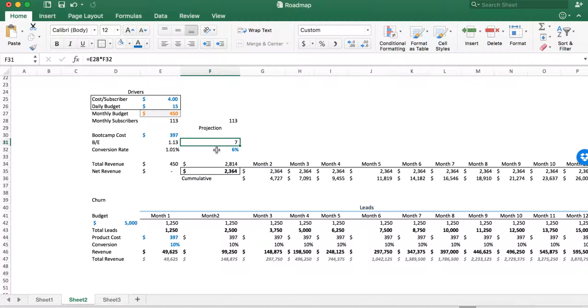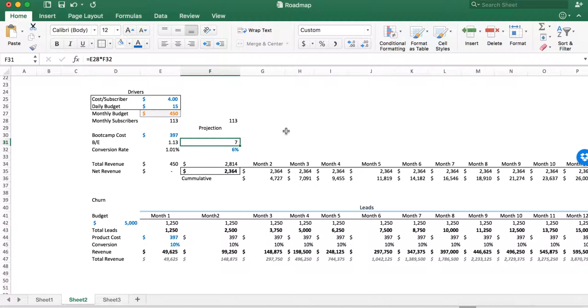Well, let's see. So if I take this 6%, which you guys can see is in blue, that means it's a hard-coded input that we're going to make flow through our entire spreadsheet. I'm going to come up here and I'm going to say this number of subscribers times this conversion rate, there we go, equals 7.